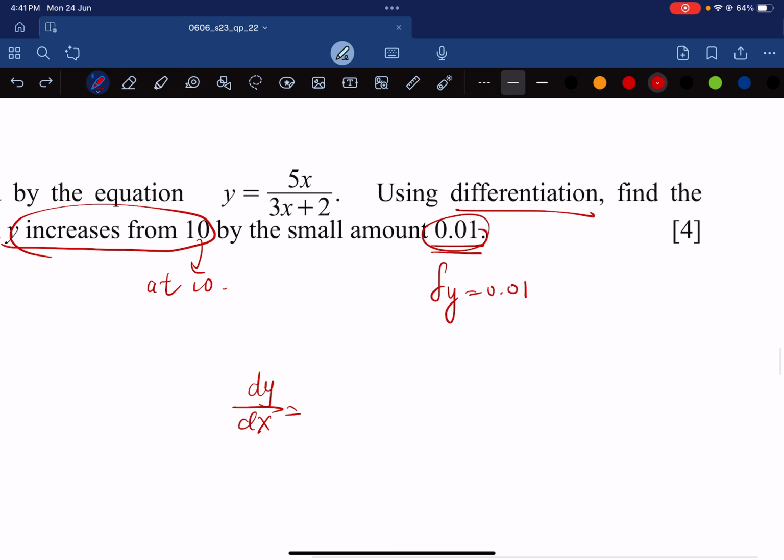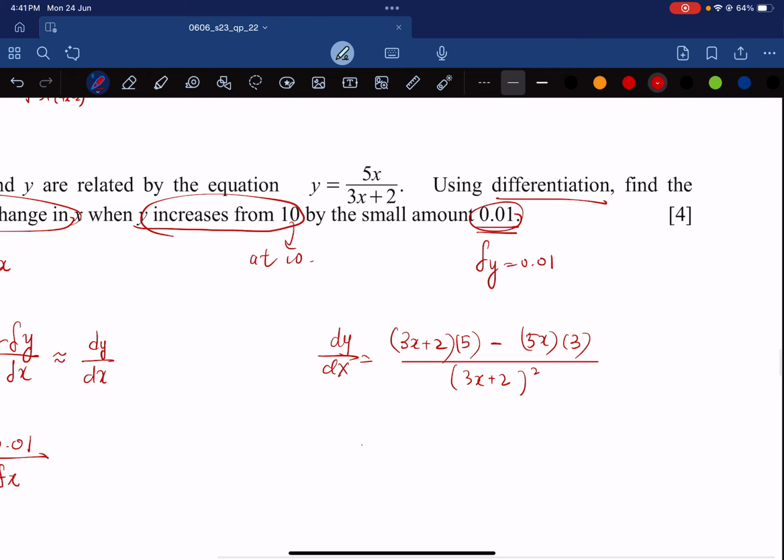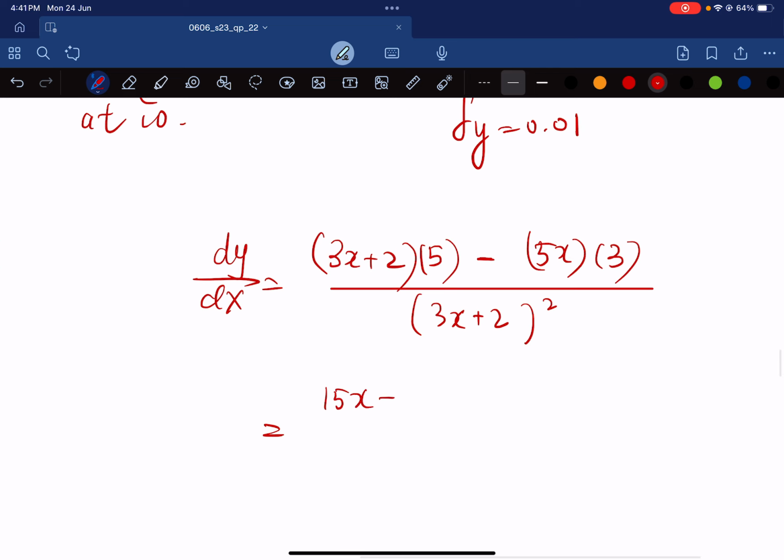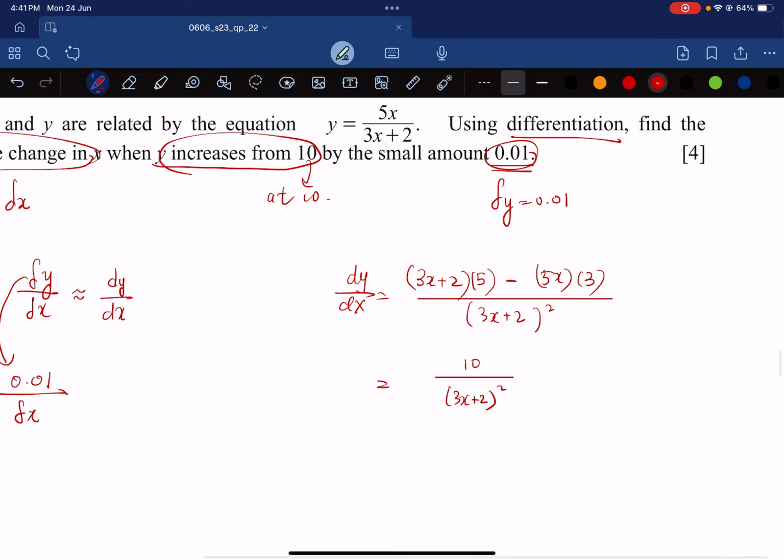The quotient rule is denominator times the derivative of the numerator minus numerator times the derivative of the denominator, divided by the denominator squared. So this is 15x plus 10 minus 15x. So 15x minus 15x cancels. It's 10. This would be squared.